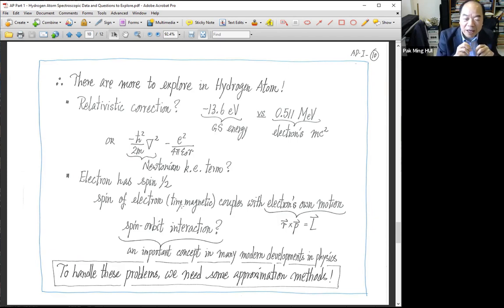So if we care about the relativistic correction, then we should also consider effects due to spin. We will discuss in more detail one particularly important effect called the spin-orbit interaction a few sections later.